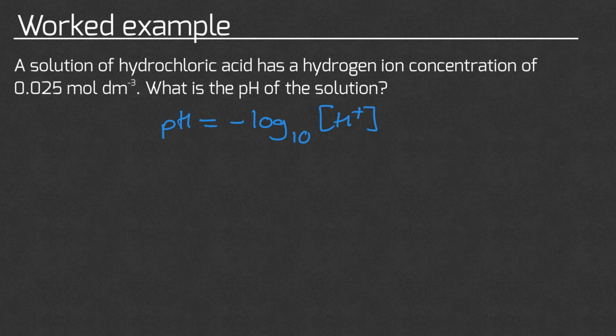The equation is pH equals minus log to the base 10 of the hydrogen ion concentration. The next step is to sub in the value given in the equation. So we'll write the concentration of H plus as 0.025. And all that's left now is to put that into our calculator and come out with the final answer.